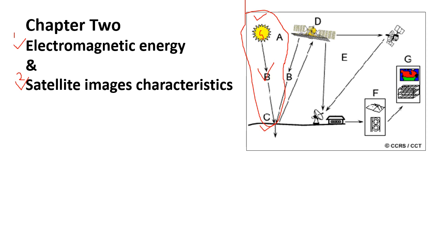And the second group is satellite image characteristics.